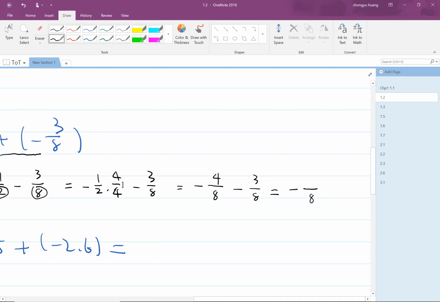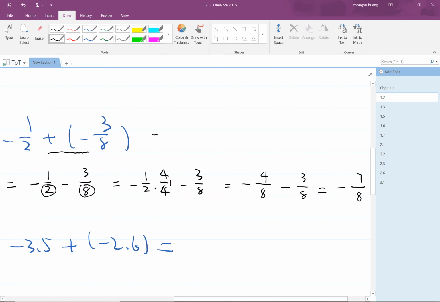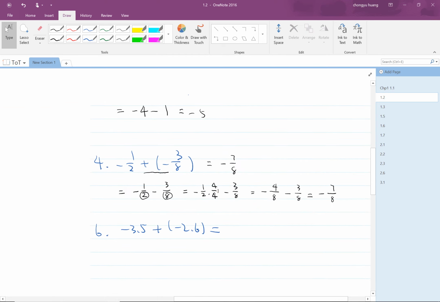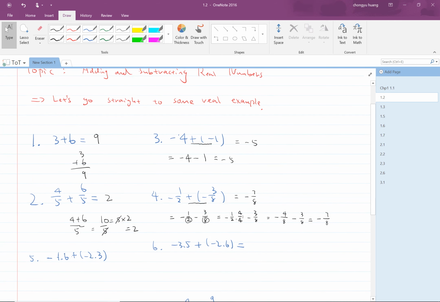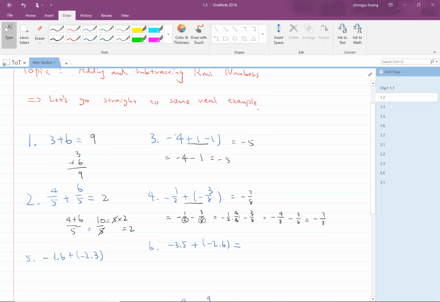Those are both negative, so what we're going to do is 4 plus 3. So it's going to be 7. So the answer here is negative 7 over 8, right? So the answer here is going to be negative 7 over 8.